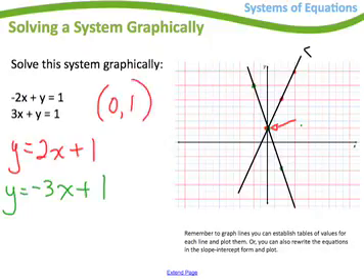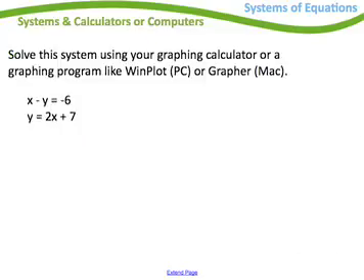That's the solution to this system. And if I plug a 0 in everywhere I see an x and solve for y, I'll see that this point is satisfied in both of those equations.